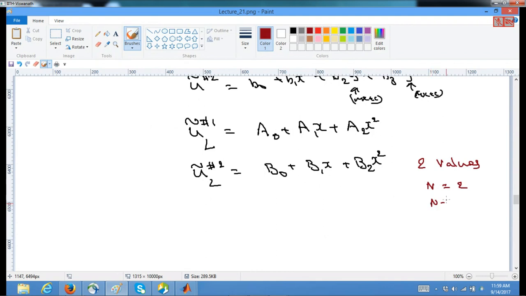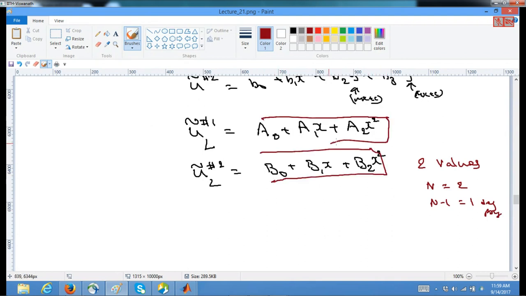Uniquely, I can fit an n minus 1, that is, 1 degree polynomial exactly. But my degree of polynomial is not 1, it is 2. So each may end up with a different polynomial. Maybe in only some fortunate cases both may come up with the same thing. Otherwise, you have a family of curves. You can only determine up to two constants, and the third constant remains. If the third constant remains, that means you have a family of curves.